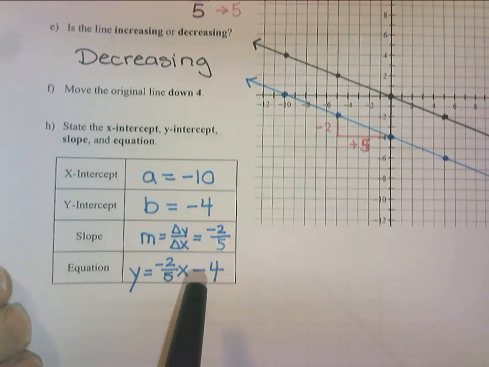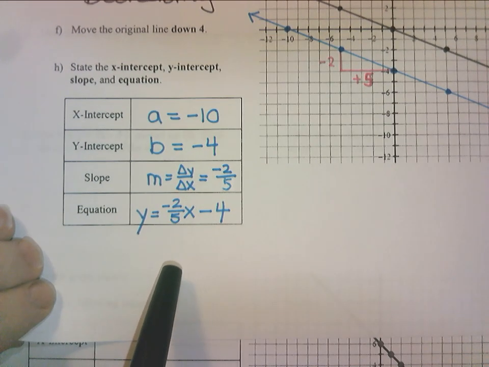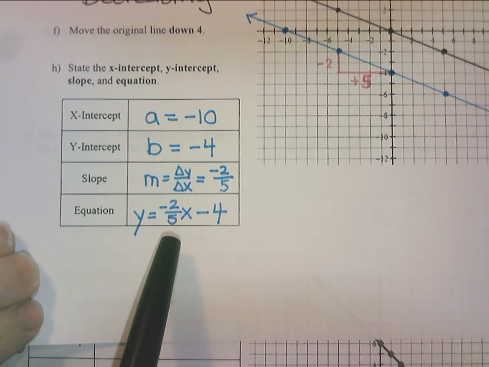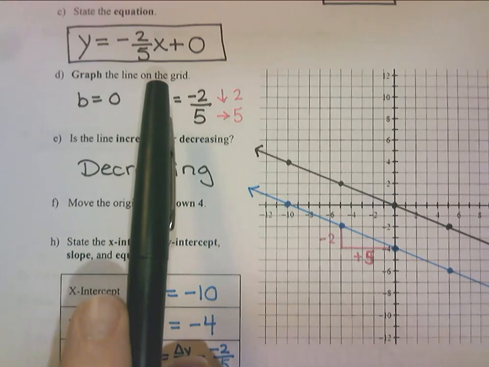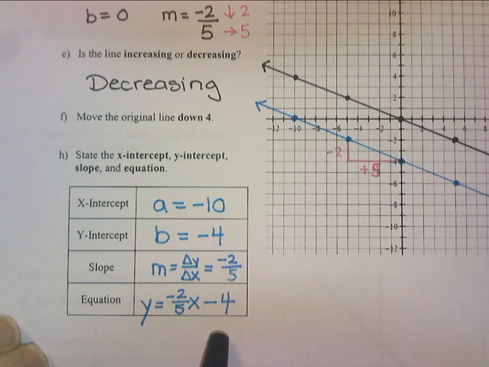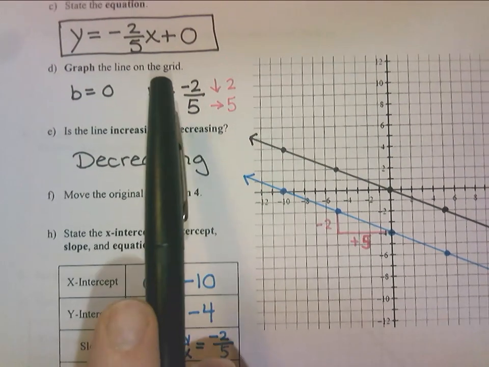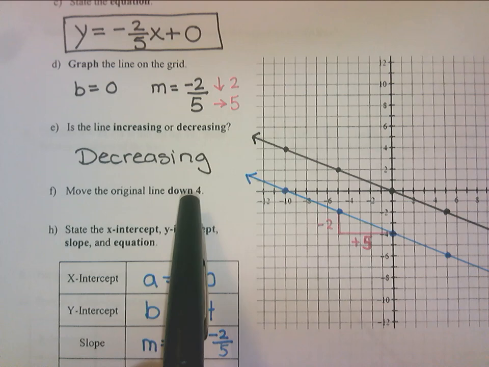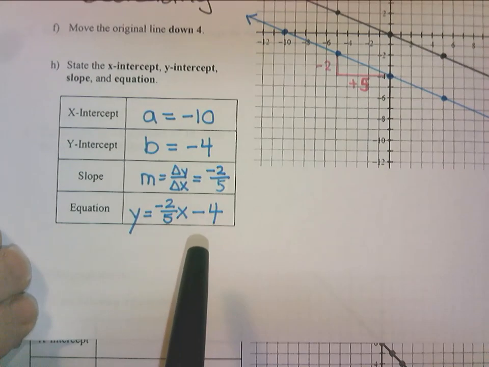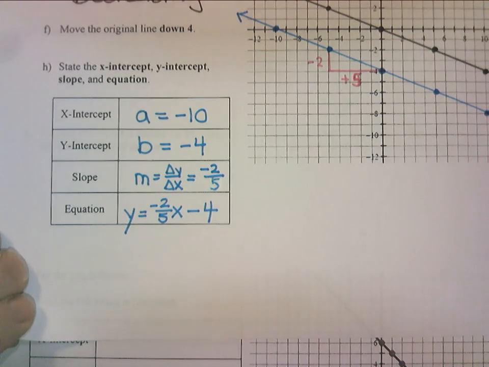And when I moved it down 4, we had y equals -2/5 x minus 4. So the slope, -2/5, was the same for both, but the y-intercepts were different. If I take 0 and go down 4, so I subtract 4, 0 take away 4 is -4.